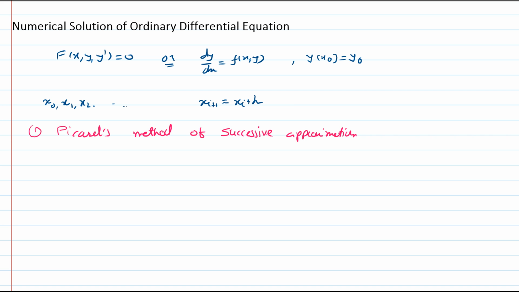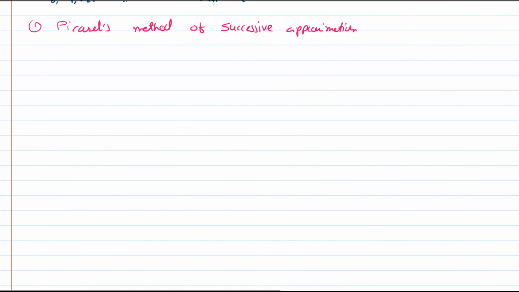In this method, again we want to find the solution of the differential equation dy/dx equals f(x, y), where f(x, y) is the given function. Again the condition is given as y(x0) equals y0. Now to get the solution we have to go for the first approximation.